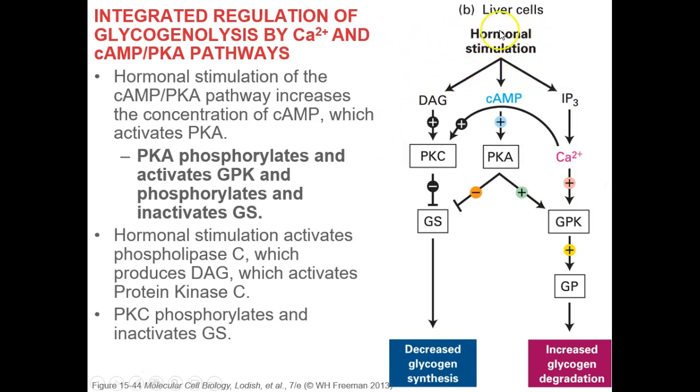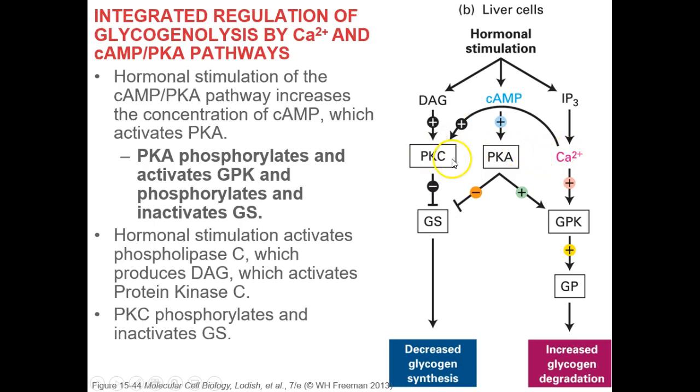So we also have the stimulation of the phospholipase C beta, which produces diacylglycerol and IP3, and the diacylglycerol activates protein kinase C. Glycogen synthase is a target for protein kinase C as well. So both protein kinase C and protein kinase A are collaborating to make sure that glycogen synthase is phosphorylated and inactive.